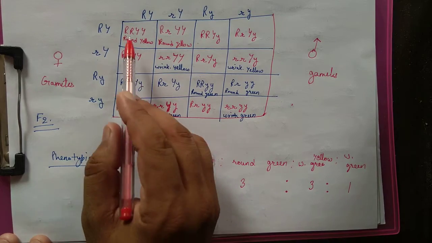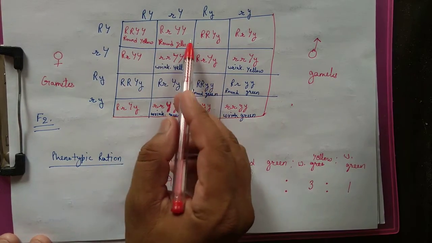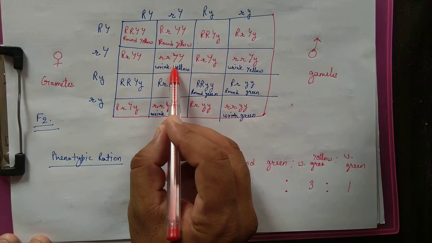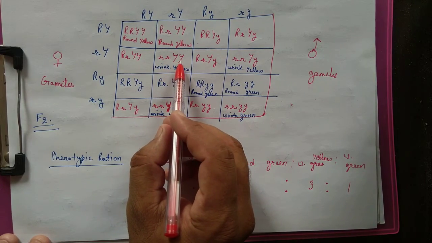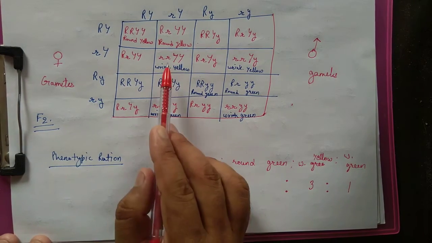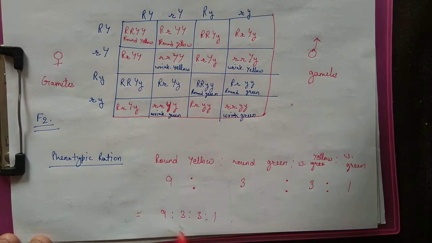In this both are dominant. In this case one is recessive and one is dominant. So in this example we can see that there is no effect of one dominant on another recessive.